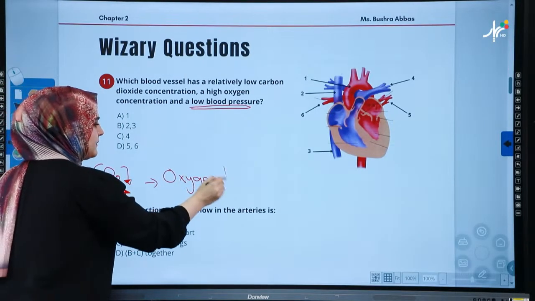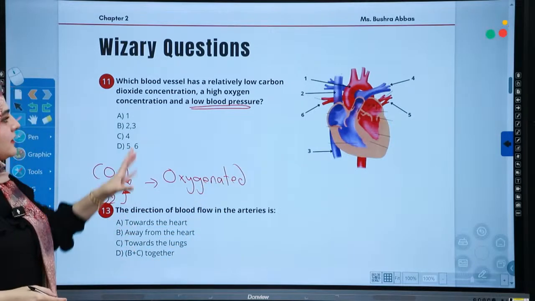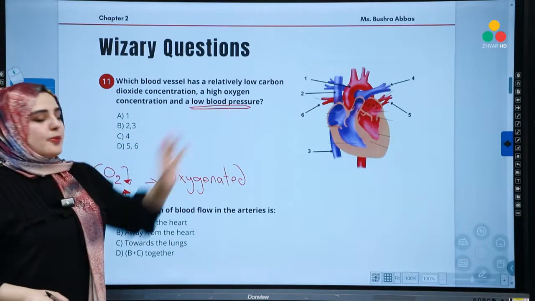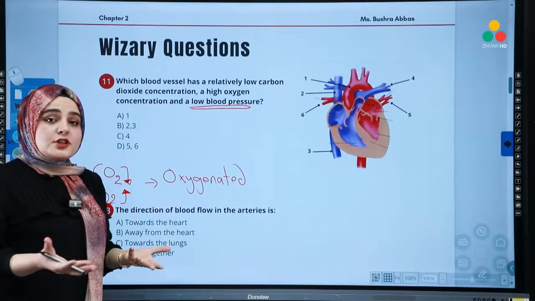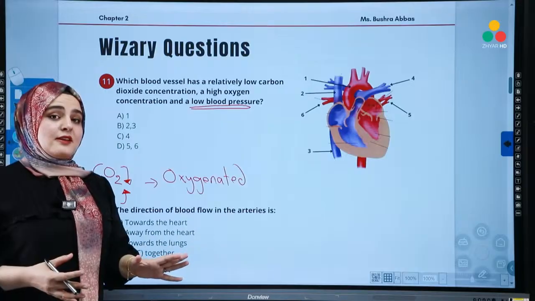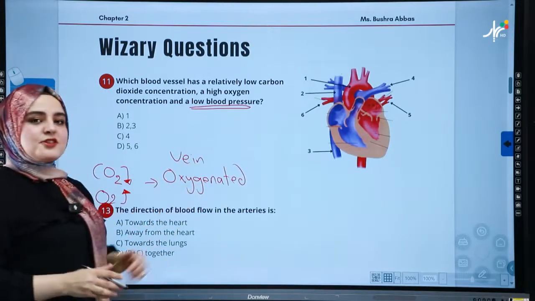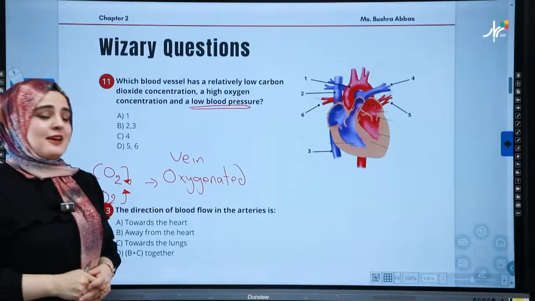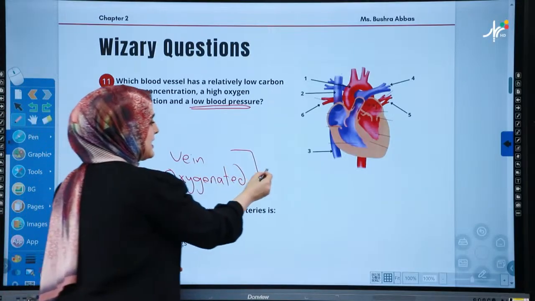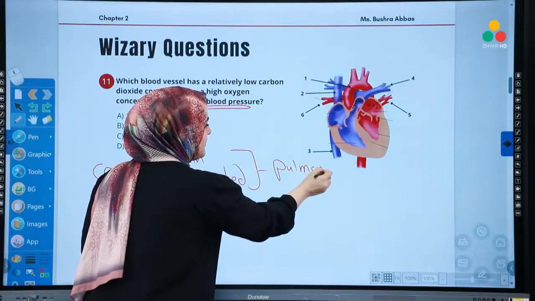It's full of oxygen, probably came back from the lungs, right? Then low blood pressure is a characteristic of a vein, not an artery. So we have a vein that has oxygenated blood. And the only vein that does that is the vein that comes back from the lung, the pulmonary vein.